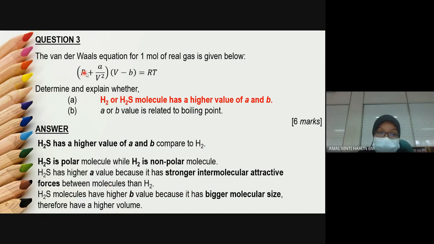A is the correction for the intermolecular forces and B is the correction for the volume. So for H2S, A and B are higher because the intermolecular forces are significant and the volume is also significant, since the molecular size of H2S is greater than hydrogen. That's all.